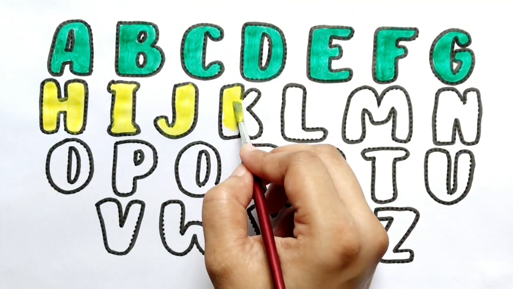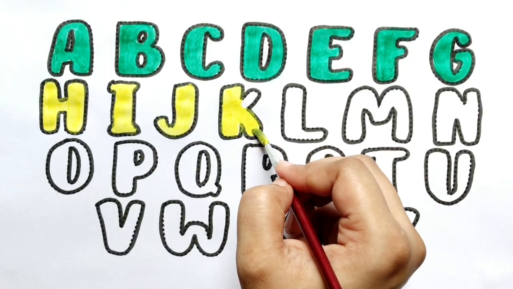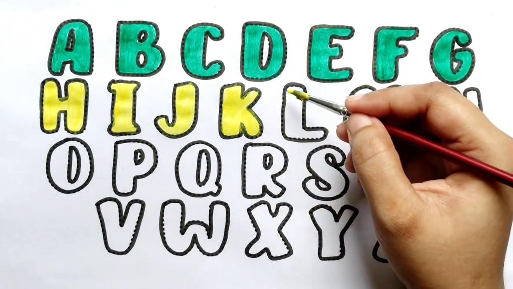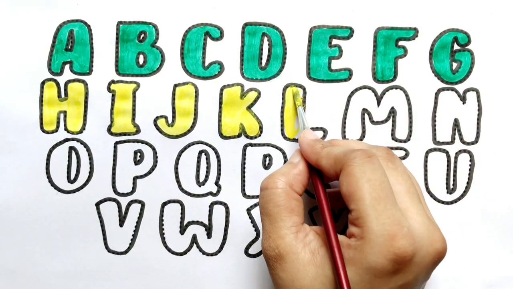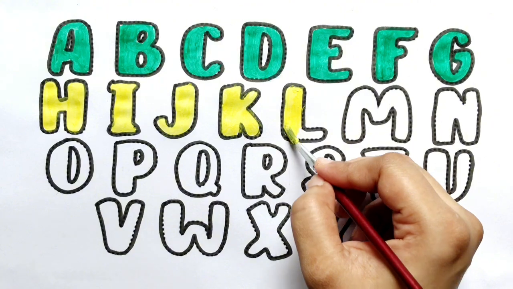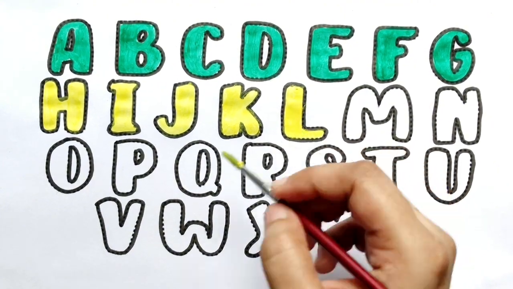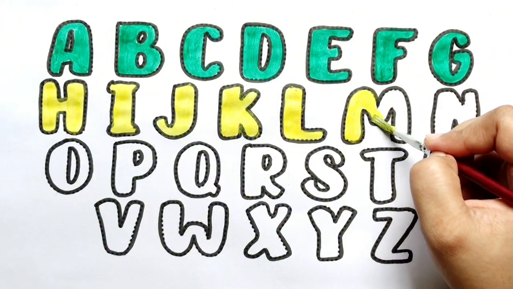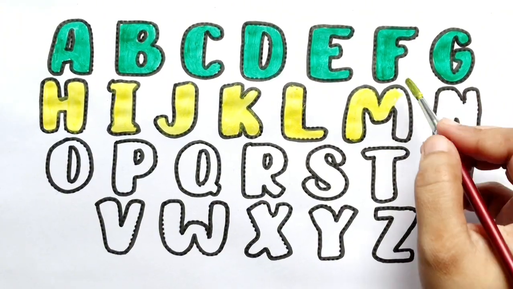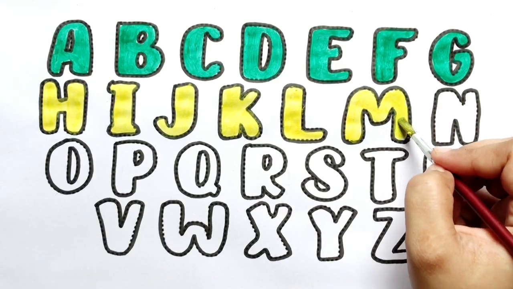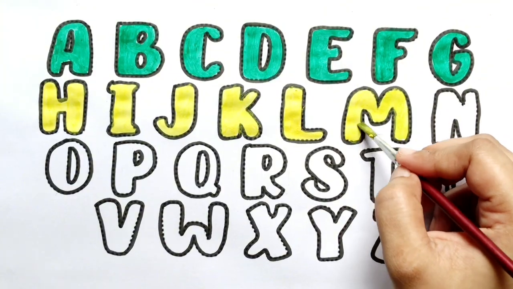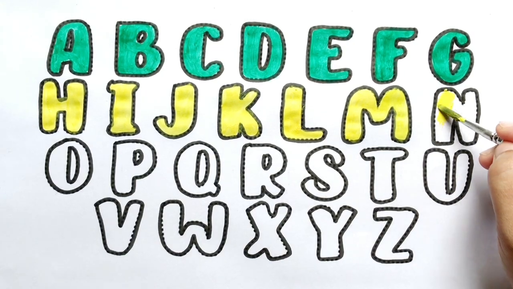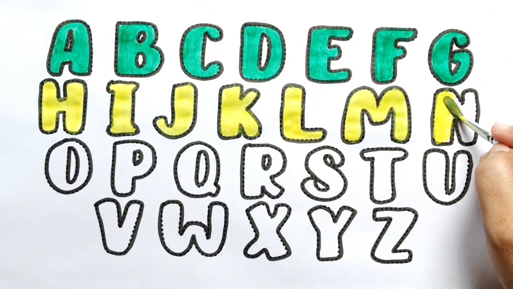K for kangaroo. L for lion. M for moon. N for nest.